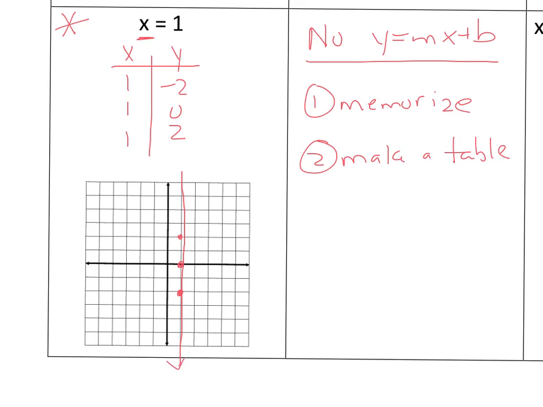Again, this is an undefined slope. You need to know that. So you can memorize and just know that this is going to be a vertical line at 1. Notice how I'm starting at 1. Or we can make the table, graph the points, and then know it's a vertical line with an undefined slope.